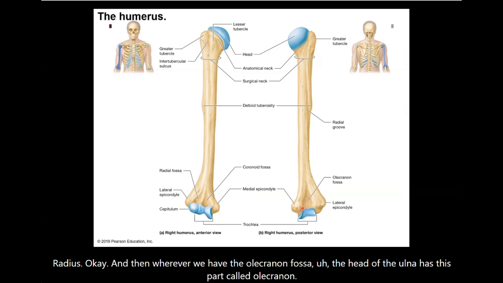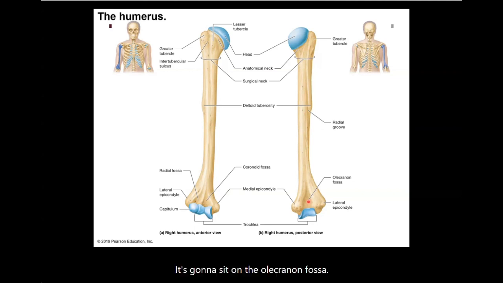And wherever we have the olecranon fossa, the head of the ulna has this part called the olecranon. It's going to sit on the olecranon fossa, and that's what makes the elbow, on the posterior side, all right? So let's review everything. This is the lateral epicondyle. This is the medial epicondyle.